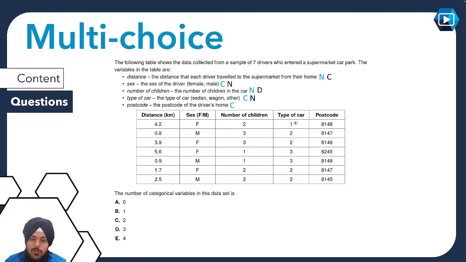So it's again going to be a categorical variable. Since the postcodes cannot really be ordered in a particular way, it's going to be a categorical nominal variable. So overall, we have 2 categorical variables. Therefore, our answer will be C.